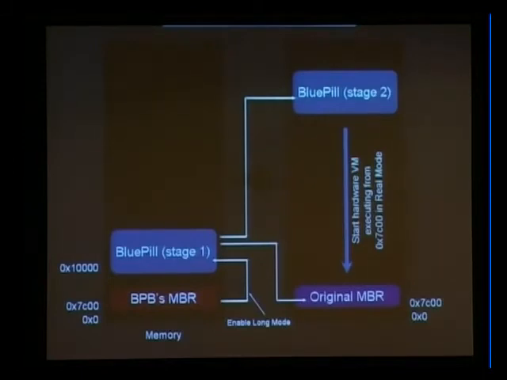This has been implemented for AMD systems because the AMD SVM extension supports the virtualization of the real mode, while Intel VMX does not support virtualization of real mode. So we have to use some clever tricks to let the original MBR and original OS loader think that it still runs in real mode, while it possibly can run in virtual 86 mode.